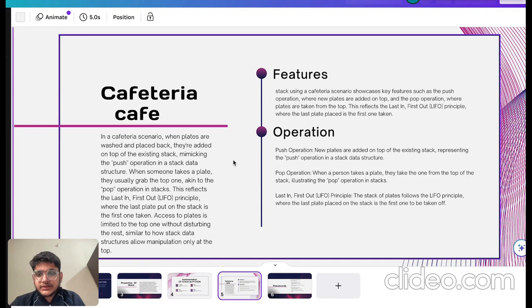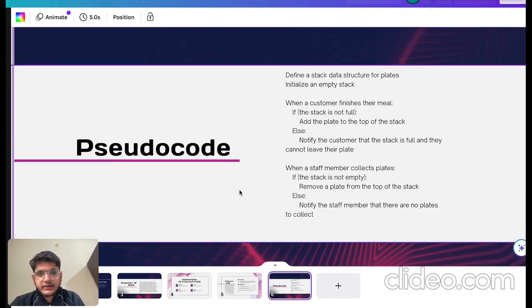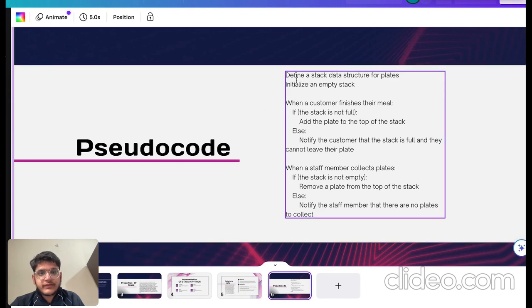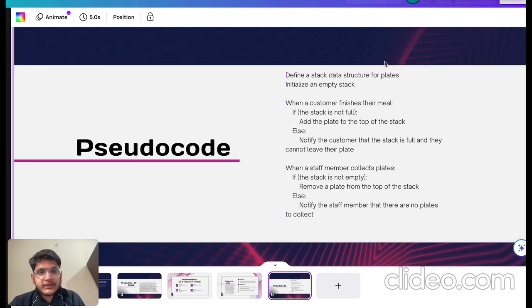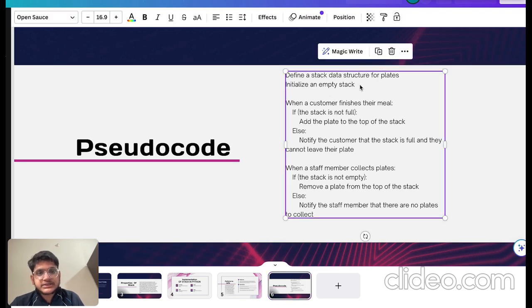Next, let's move towards the pseudocode of today's topic. For the pseudocode, we have to define a stack structure for plates. For that we initialize an empty stack using the is empty operation.